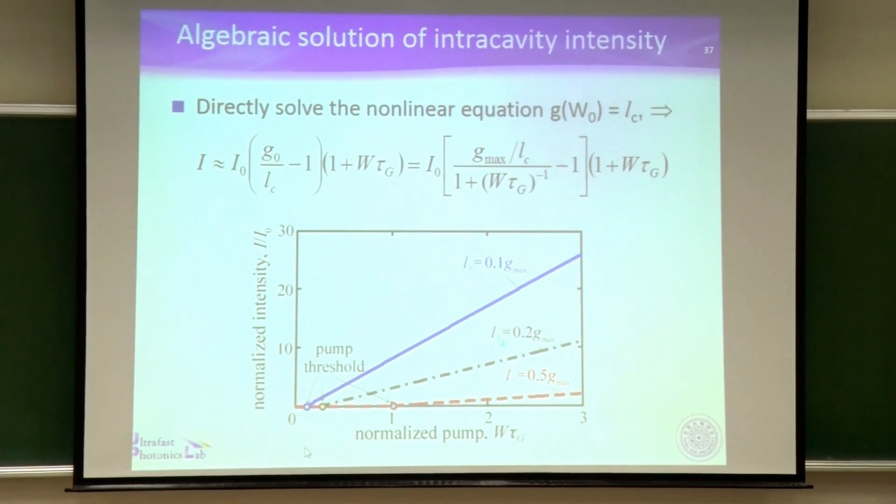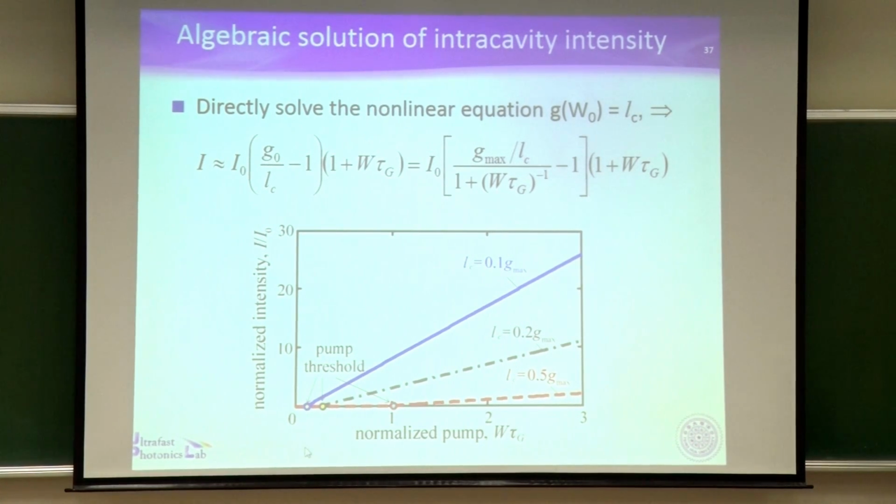Okay? And the same thing happens to the other 2 cases. When your cavity loss is larger and larger, all these curves share the common features. Each of them has the pump threshold, below which no lasing, I equals 0. Above which light is roughly proportional to the pump. There is a linear relation. Okay? All of them share the common features. But what is the difference between them?